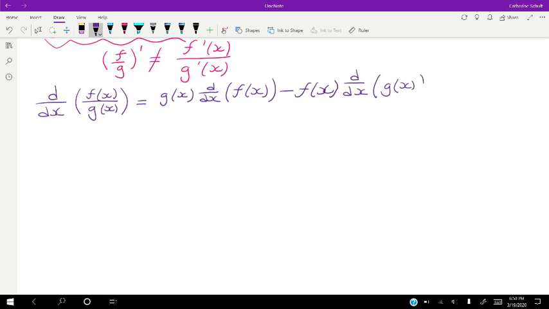All right, so again, this is one to memorize, and the order is important this time. And then we divide it by the denominator squared. So it's a big formula to memorize. There you go. And again, some people like to use the prime notation instead of the Leibniz notation.